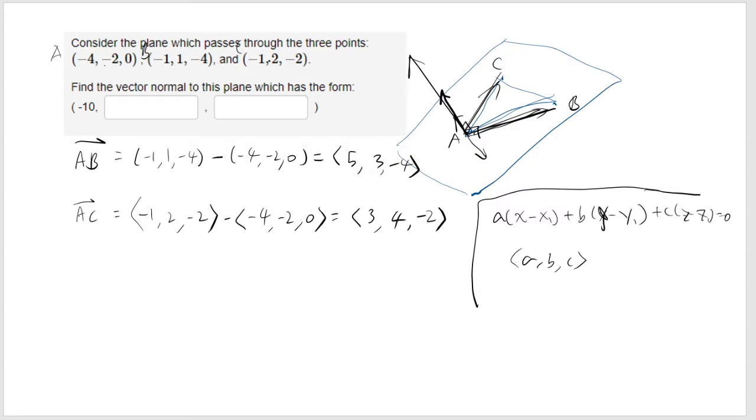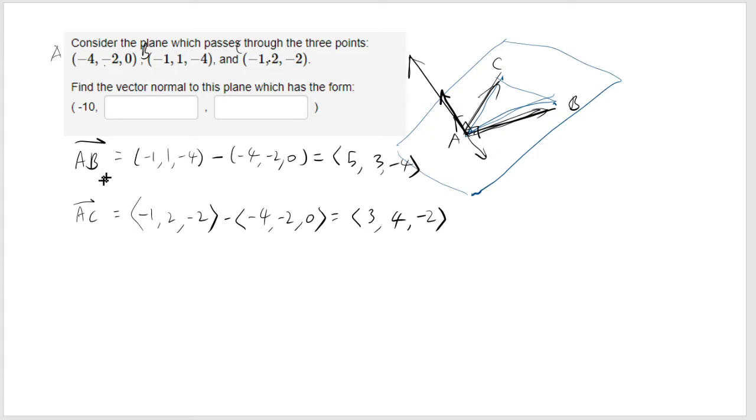And actually there are two ways to solve this. One way is to use the fact that if these vectors are perpendicular to this vector, their dot product is 0. So let's just say that the vector is (-10, x, y), and do a dot product with (5, 3, -4), and this has to be 0.